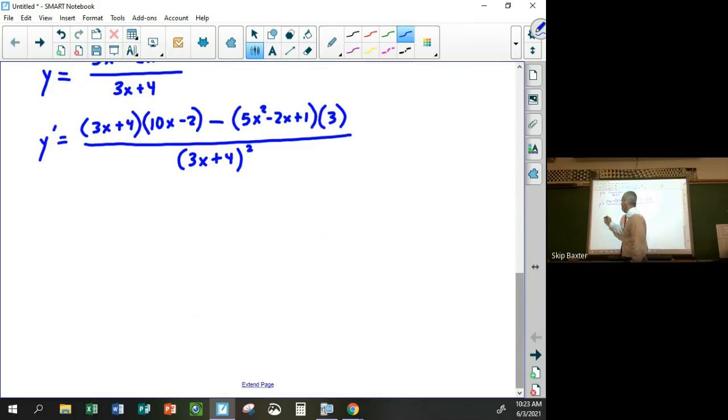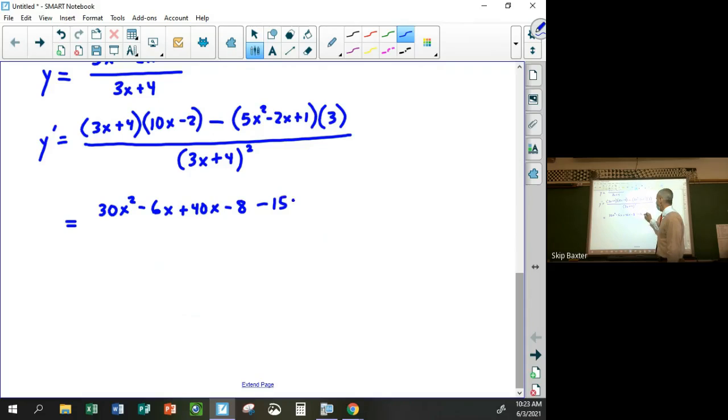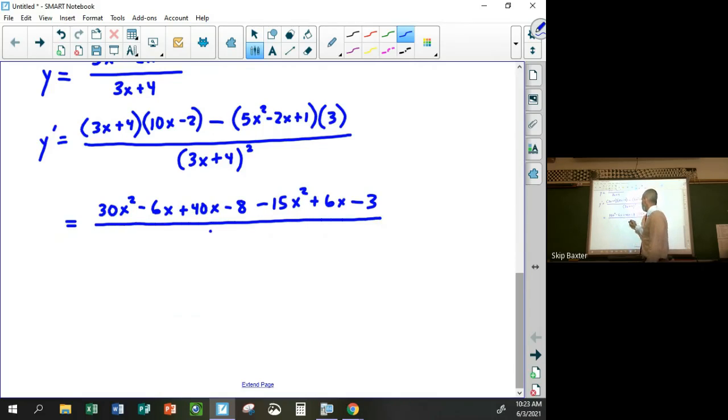So in this case, you would FOIL this out so you get 30x squared minus 6x plus 40x minus 8. And then here I want to distribute a 3 and also a negative. So I'm going to distribute negative 3. So I'm going to get minus 15x squared plus 6x minus 3. And then they just want you to combine all the like terms.